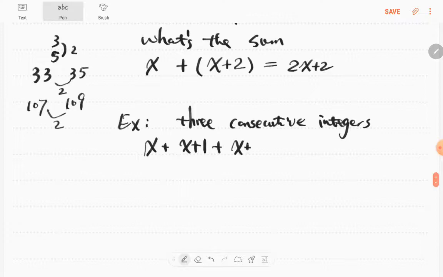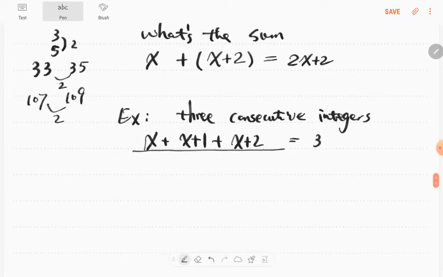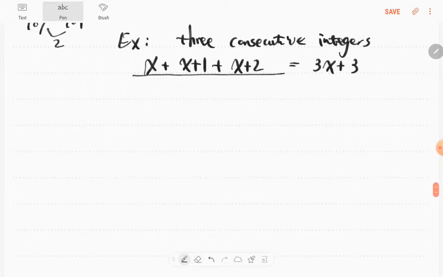Of course, x plus 2 will be the third one. So the sum of 3 consecutive integers, we can just use this expression to express. So combine them, we will get 3x plus 3, right?